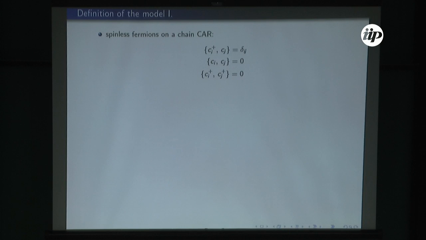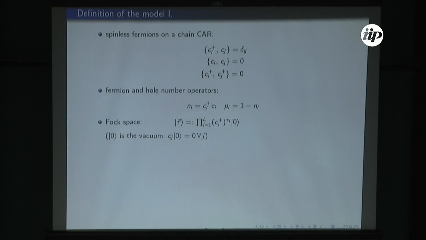So again, here are the canonical anti-commutation relations for spinless lattice fermions. And let's now formally introduce the fermion number operator and fermion hole or vacancy operator on site i. And we define the standard Fock space on this lattice, so it's a very standard thing.